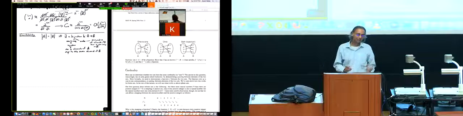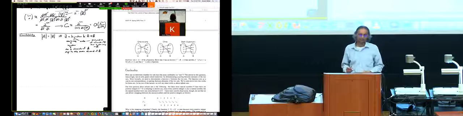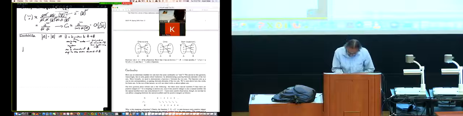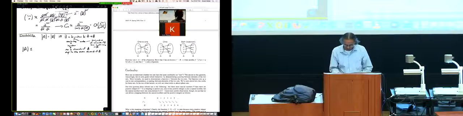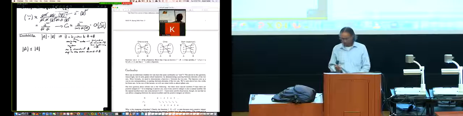So if this is the definition of same size, what's the definition of less than? When I want to say that a particular set A has a size which is less than the size of B, how can I establish this?